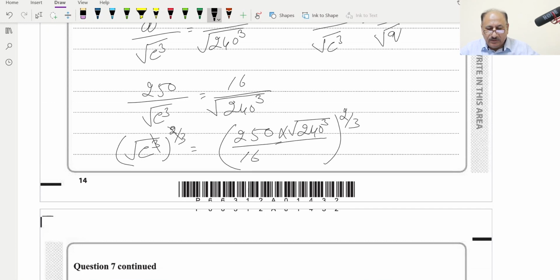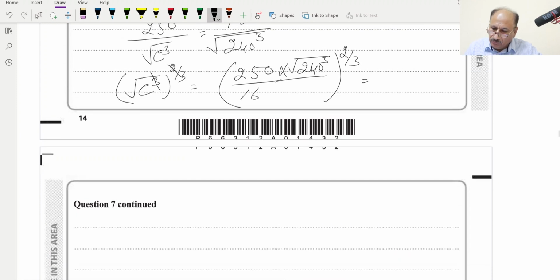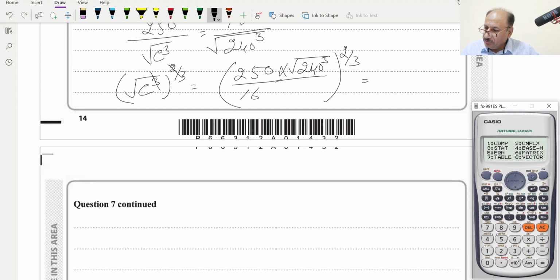and this side also we will take power 2 by 3, and this cube root and this power will be cancelled, and we will get the C value, which we can calculate.